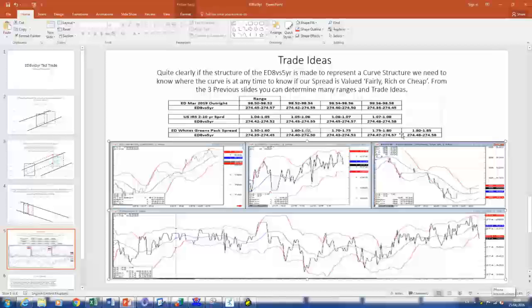So this is here, the white screens pack spread is 180, which is around the end of this area here. What you can see is that it's 274.56, it's about right. It's at the top of this range, and the pack spread is at the top of its range too.